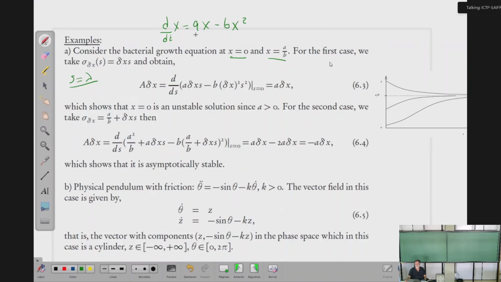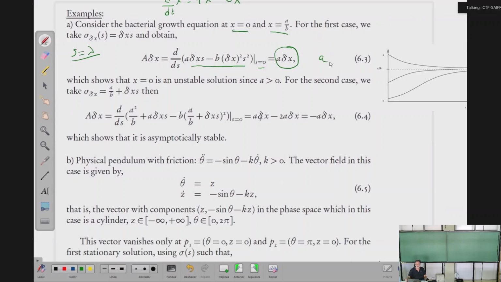I have to put delta x times s here and take the derivative. So it's the derivative of that. And I evaluate at s equal to 0, and that gives me this, right, the first term only, because this has an x. And since a is positive, the real part of the eigenvalue, which is a, is positive, so this is unstable.